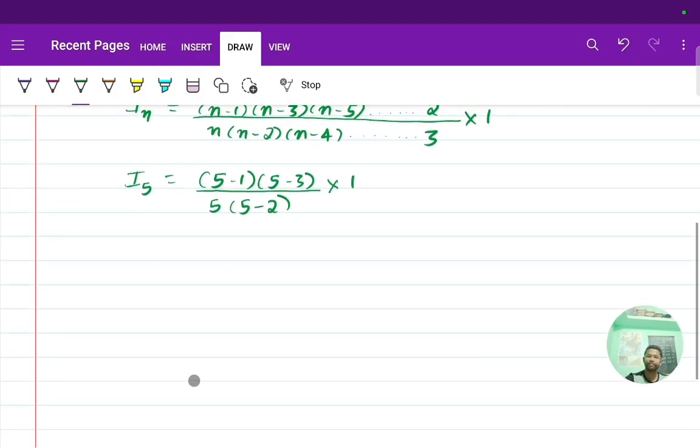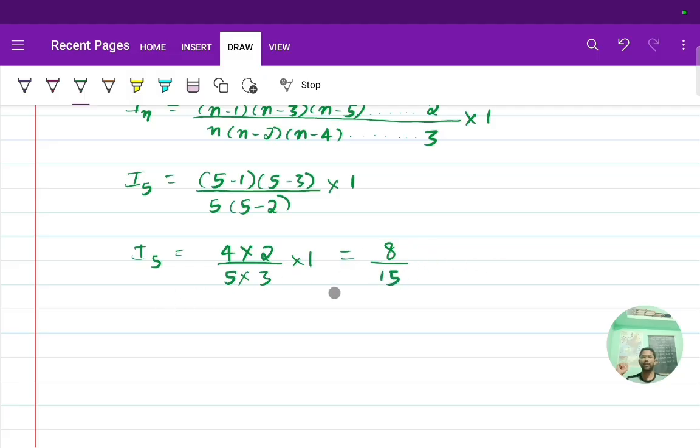Then I5 is equal to 4 into 2 divided by 5 into 3 into 1, which is 8 by 15. So this is the required answer.